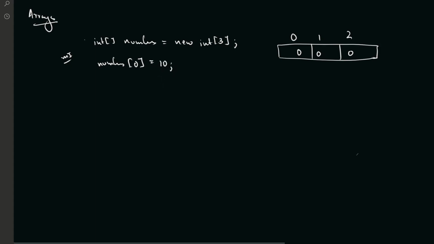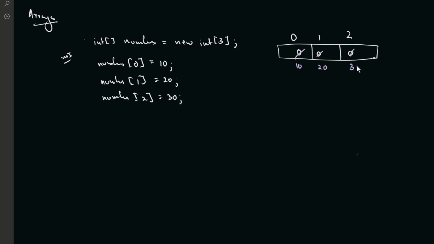All right, so the system will just replace 0 and instead put your element, which is 10. Then say numbers of 1 as 20 and numbers of 2 as 30. So this is 20 and this is 30. There you go. So this is how you insert elements.